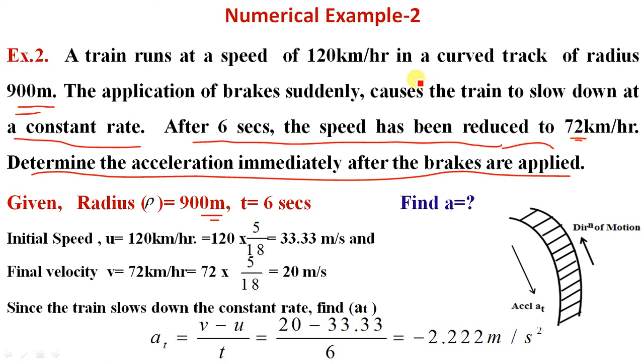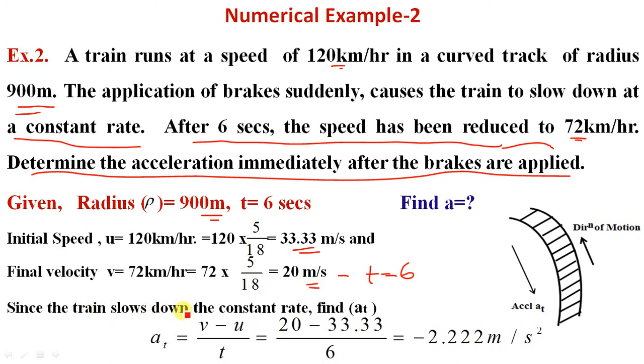So the initial speed is 33.3 meter per second. We converted 120 kilometer per hour into meter per second by multiplying by 5 by 18. Similarly, the final velocity after time t of 6 seconds is 20 meter per second.